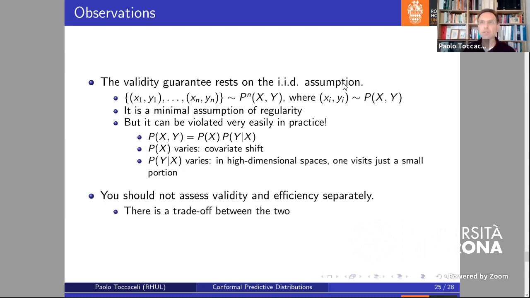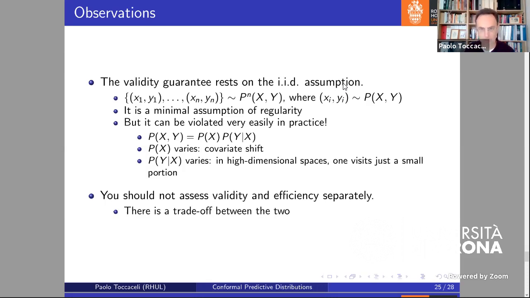And sometimes it's not so much the fact that we are facing a non-stationary problem, but the fact that in high-dimensional spaces, one visits just a small portion of the entire space. In the case that I showed you in the previous slide, I had a data set with 130,000 compounds, and each was defined by more than 100,000 features. This space cannot be visited in its entirety.